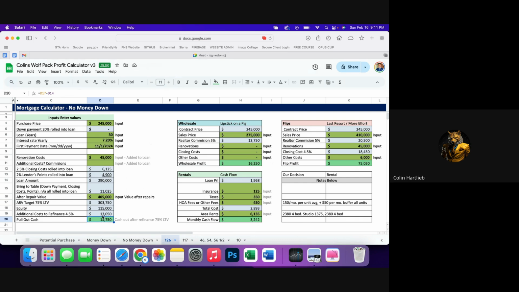But keep in mind, you still need to have additional costs to refinance right here. 4.5% mostly covers the points and the closing costs again. When you buy a property with a hard money lender, which most of the time you will, especially if you're doing no money down, it's going to be a hard money lender or a private equity guy, and you're going to have these costs of points that the lender will charge to finance the loan.